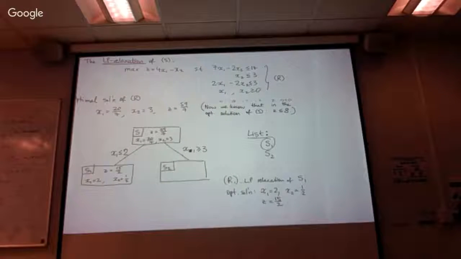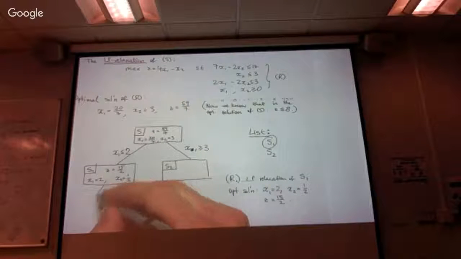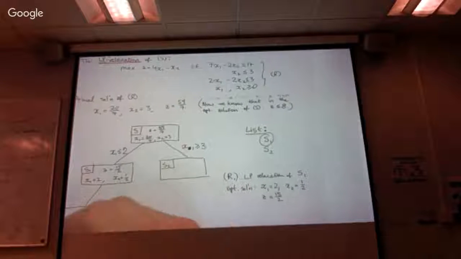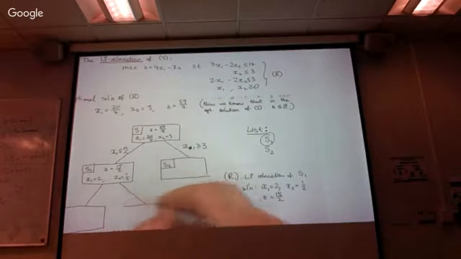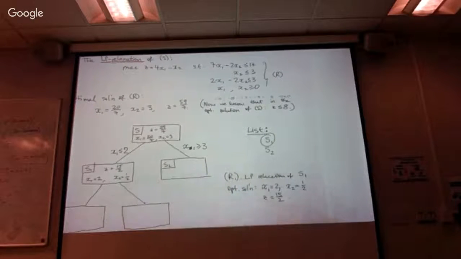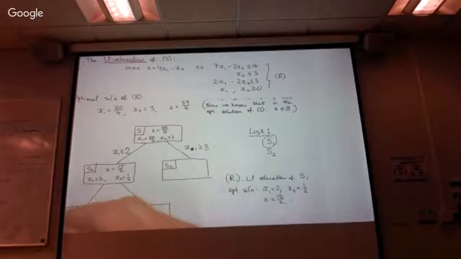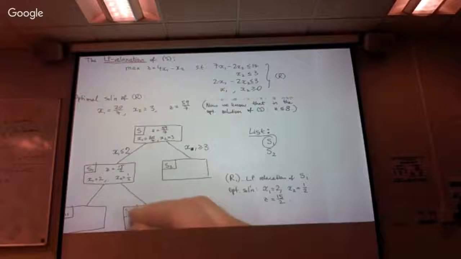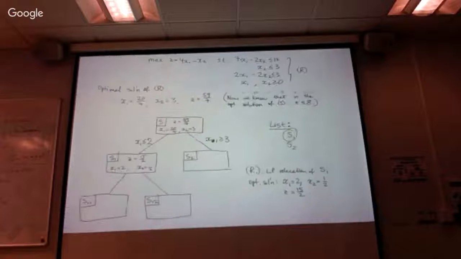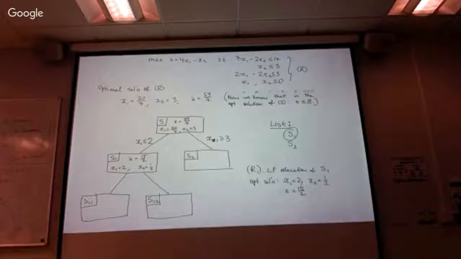Okay, what are the two branches? What are the constraints that we add? Oh, maybe I was too quick.